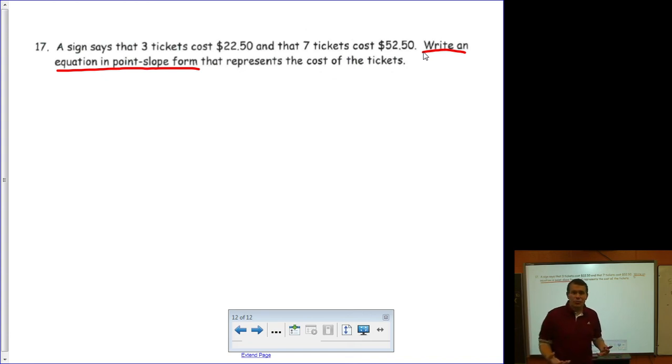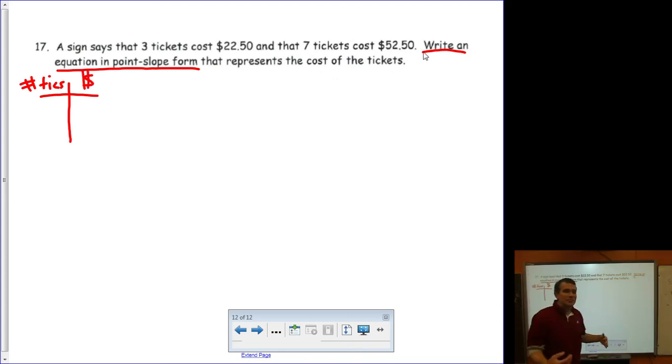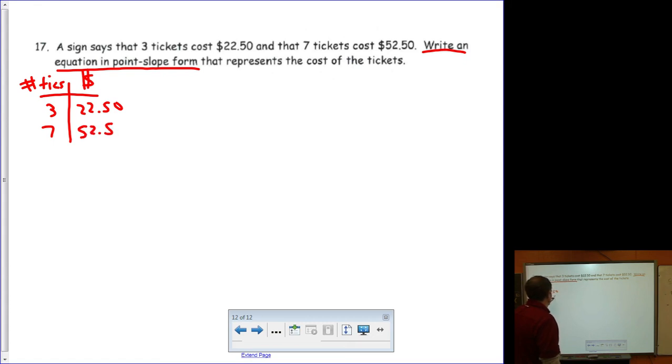They gave you 2 ordered pairs. You could almost make a little table where x is the number of tickets and y is the cost. And they gave you 2 of these points. They said 3 tickets cost $22.50 and 7 tickets cost $52.50.